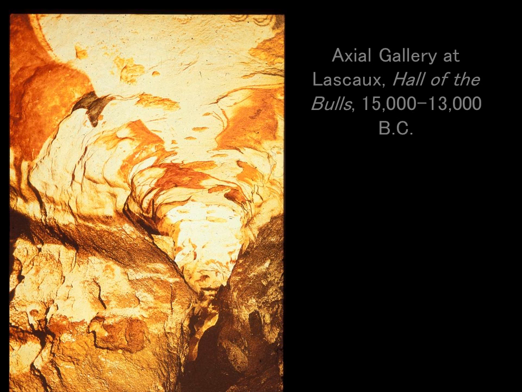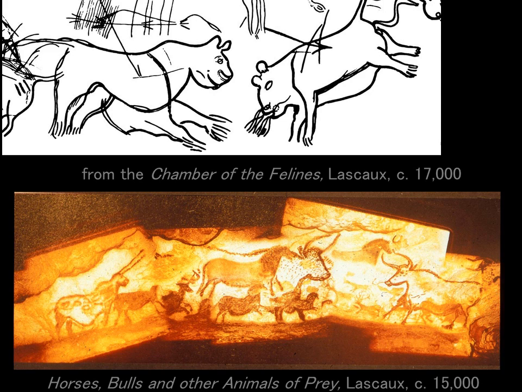And what's interesting is that there's also a part of the cave at Lascaux that shows large cats. They are petroglyphs that are kind of hard to see, so I've brought in an illustration instead of showing you the petroglyphs. Those predate the images of the herbivores by about 2,000 years.